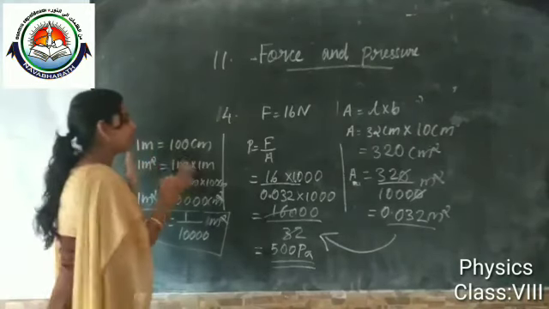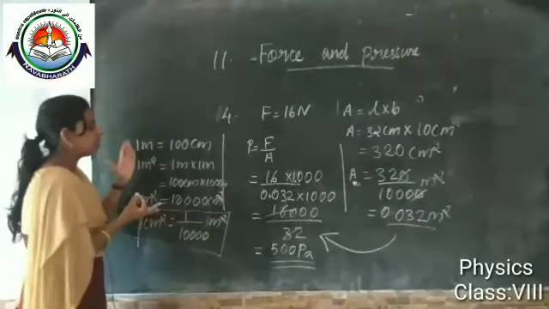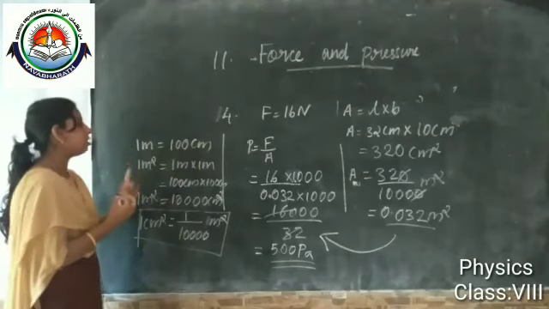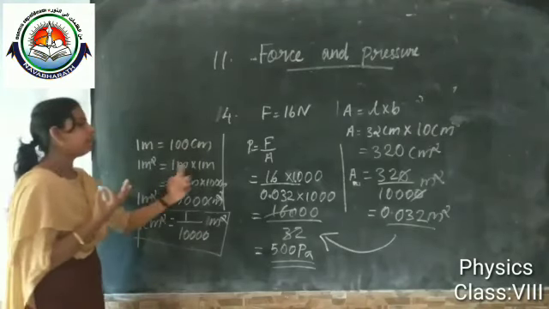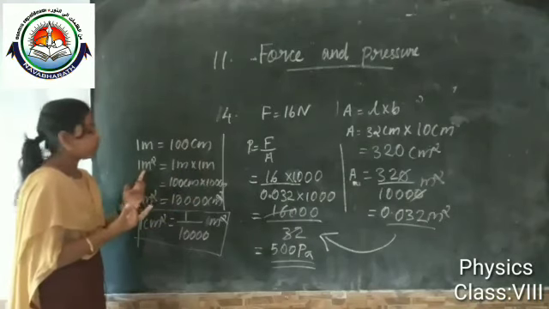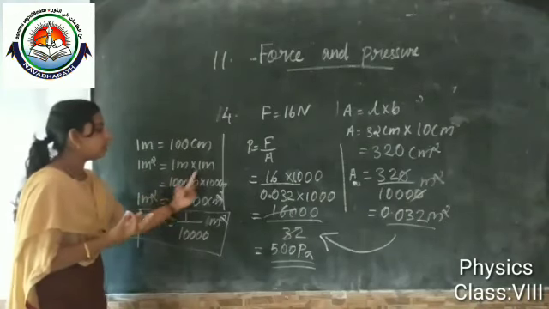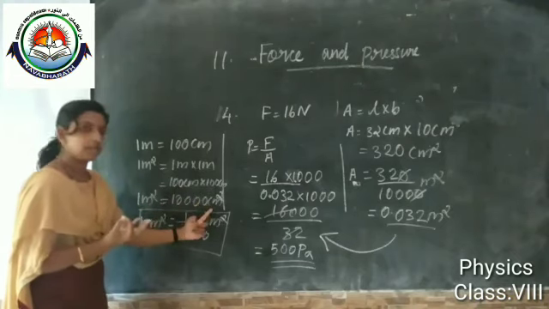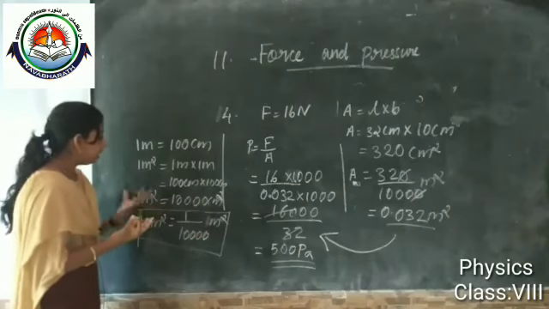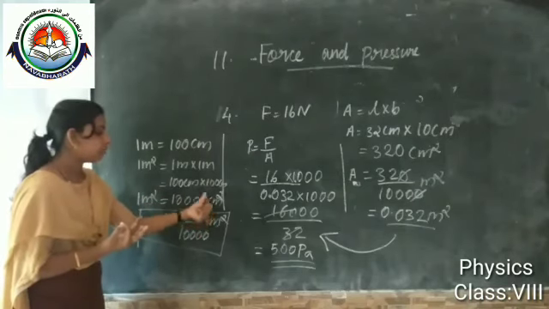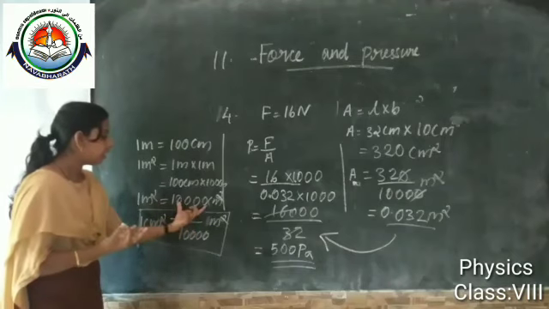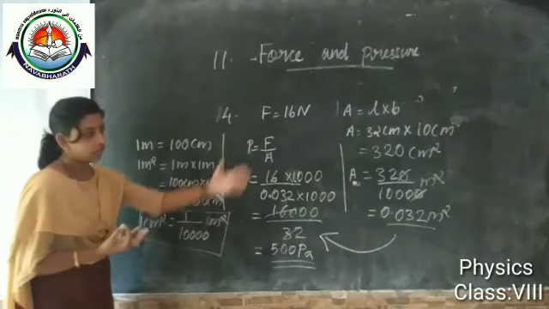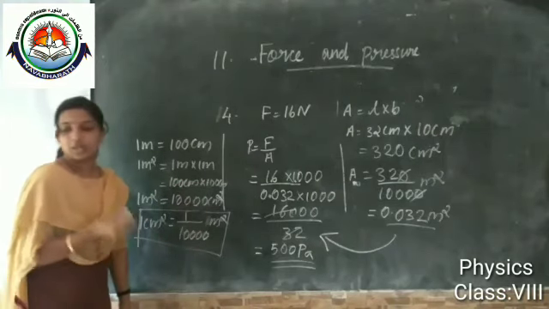While looking, you may feel it's too difficult, but it will be very easy if you have the idea about this. 1 meter is equal to 100 centimeter. 1 meter square is 1 meter into 1 meter. Then 100 into 100 is 10,000 centimeter square. Then 1 centimeter is equal to 1 divided by 10,000, which comes as a denominator, in meter square, that we are substituting.